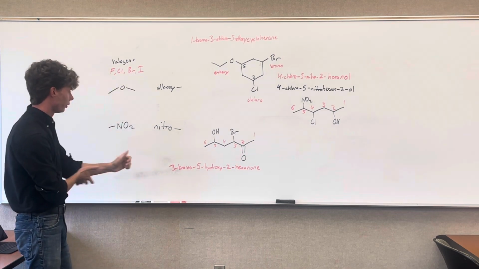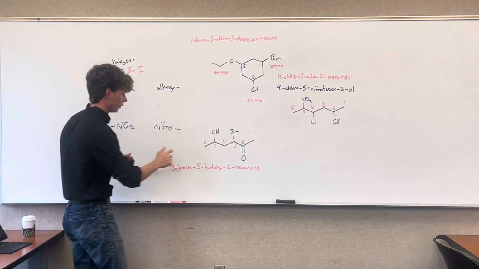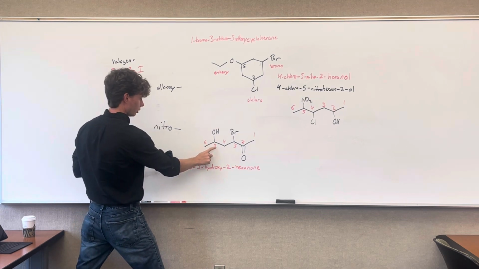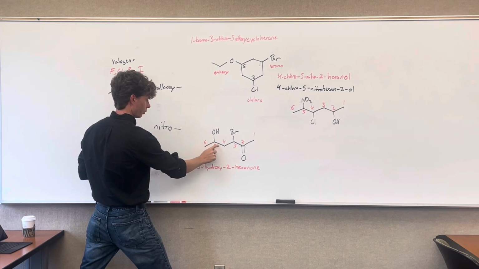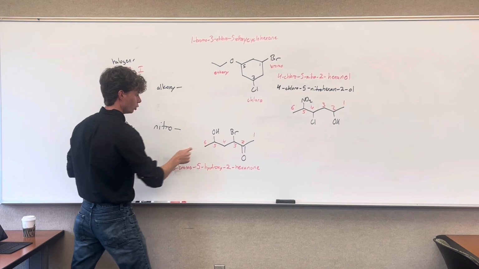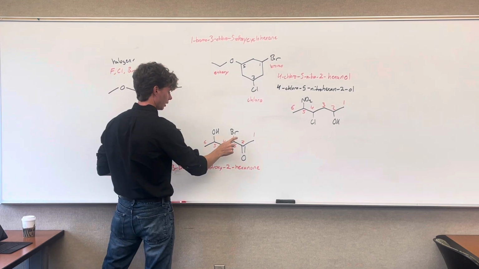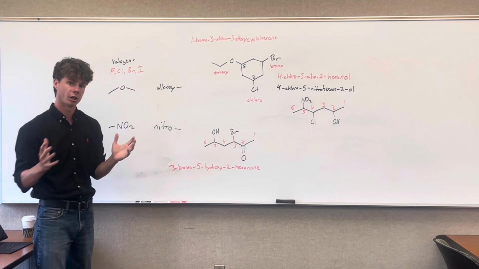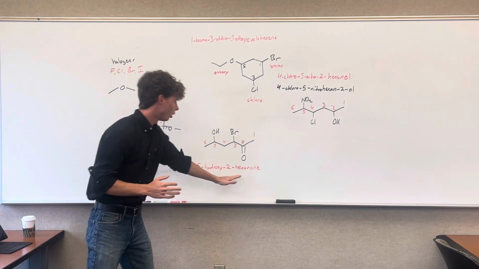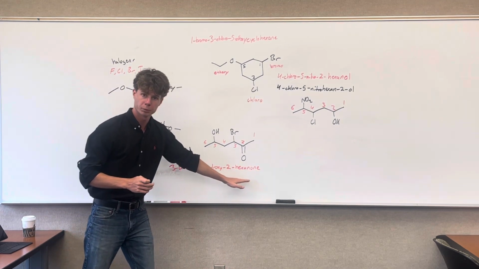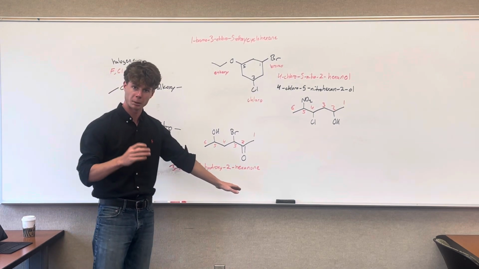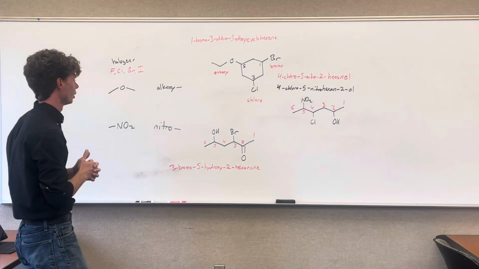ACS might call this 4-bromo, 2-hydroxy, 5-hexanone, so they get the numbers wrong. They might call this an oxo group, a substituent, which would be wrong, so maybe they don't do the prioritization right.